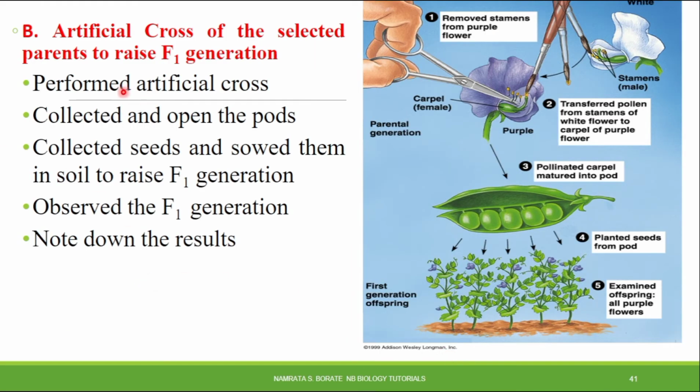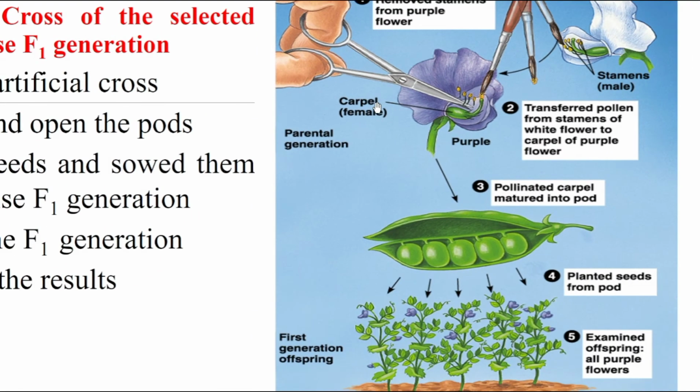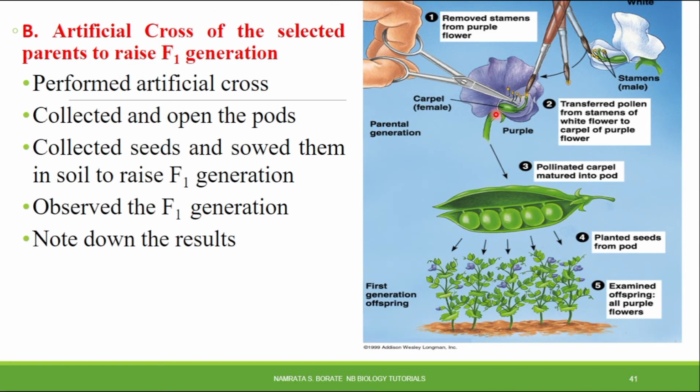What's the second one? The artificial cross of the selected parent to raise the F1 generation. He performed the artificial cross, which is called the emasculation technique.